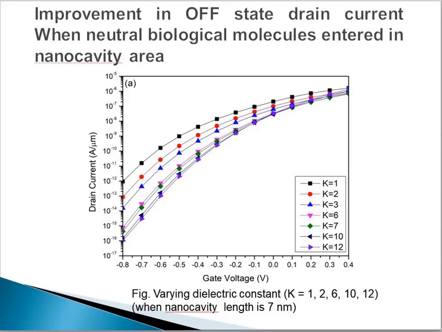In simple language, we can say that the P plus source region introduces less number of dominating charge carriers into the channel. This brings a very low off-state current when the biomolecule having permittivity 12 is introduced in the cavity region.